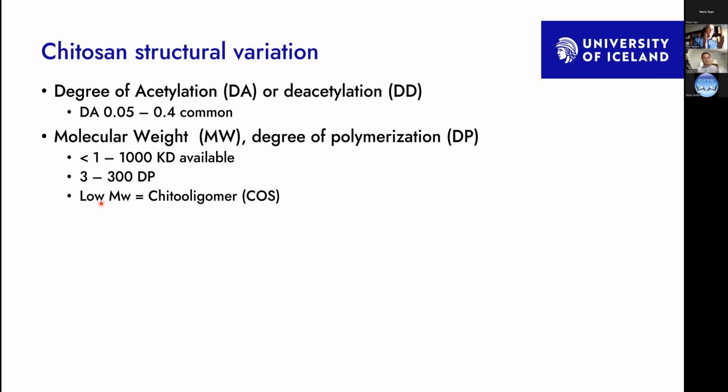If you have quite low molecular weight, this is referred to as chito-oligomers or COS, and there is much interest in these type of materials as they are seen to be at least partially absorbed into the body, whereas the polymer will not be absorbed from the intestine.